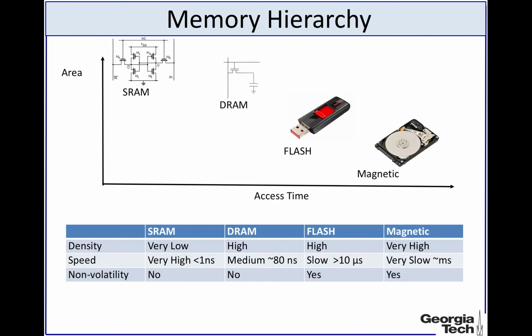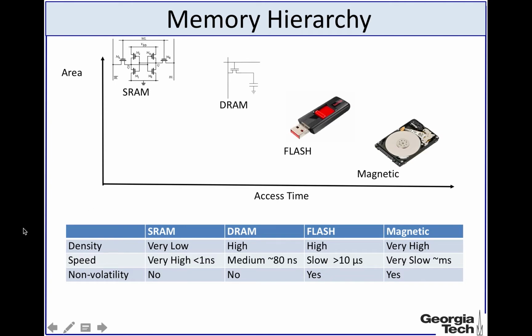As we said, the floating gate MOSFET is the basis for the flash memory technologies, all the USB drives, USB sticks, SD cards, as well as solid state hard drives.